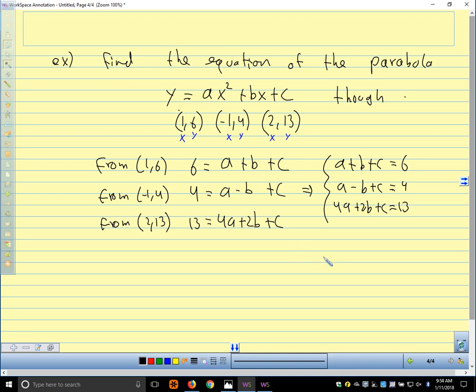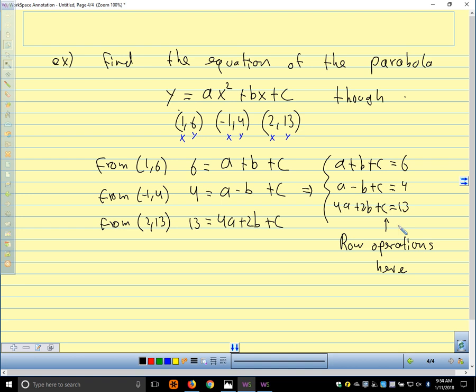And from there, we can use row operations. So we do solve the system exactly like we've been doing.